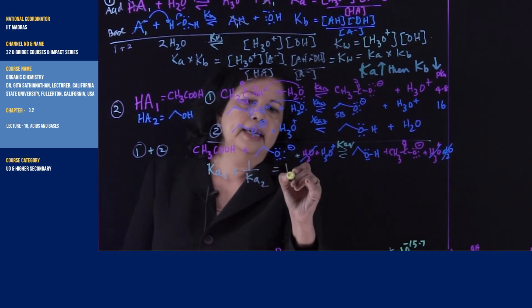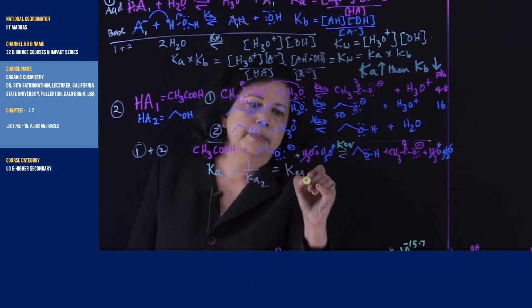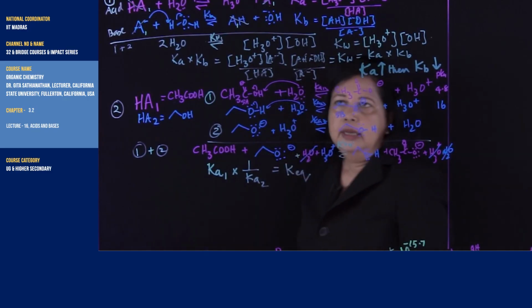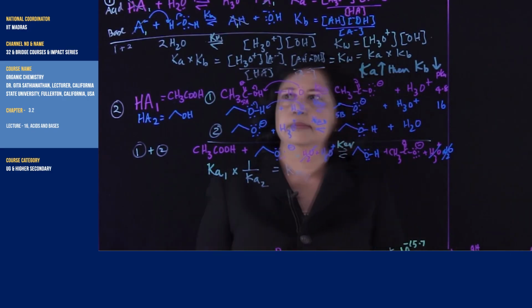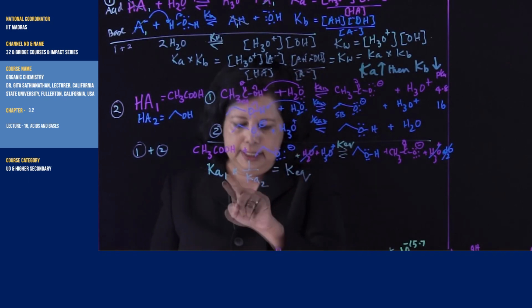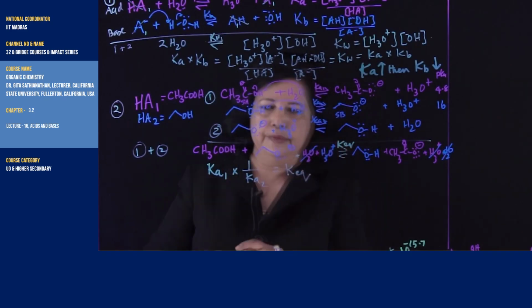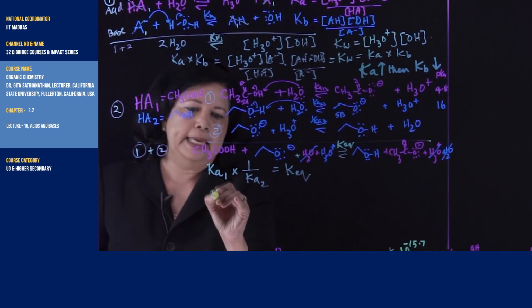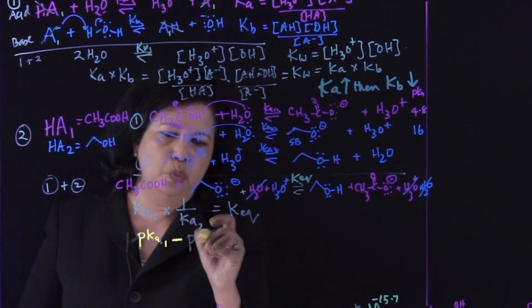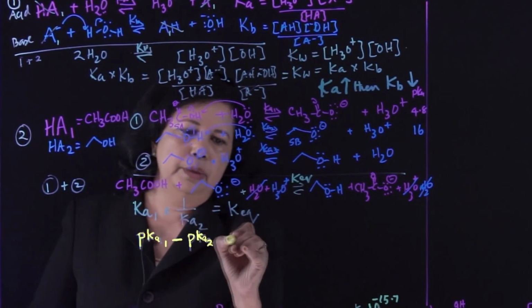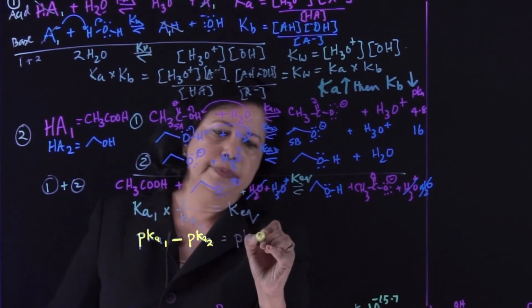That is K equilibrium. Because we are talking about two different systems here. Now if you do the pKa of this, so this is going to be pKa1 minus pKa2, because this is 1 over, is going to be pKw.